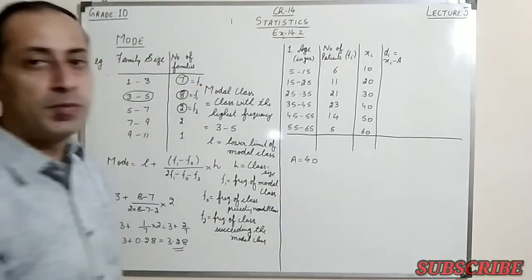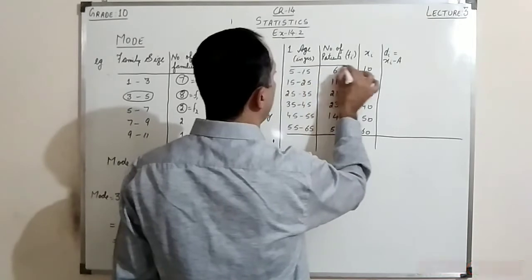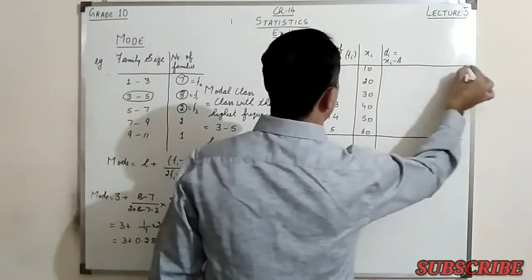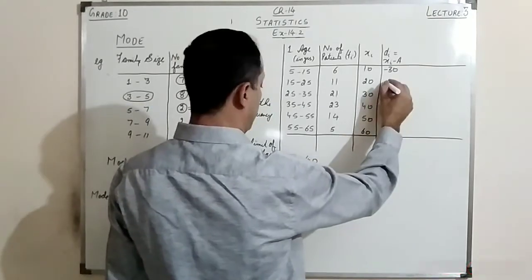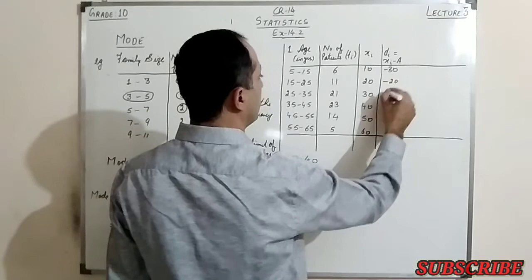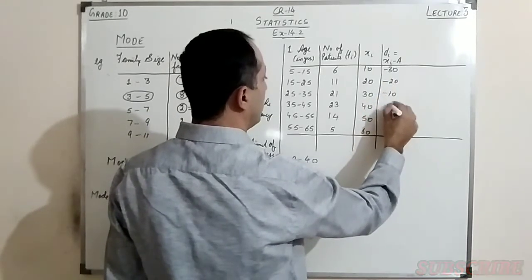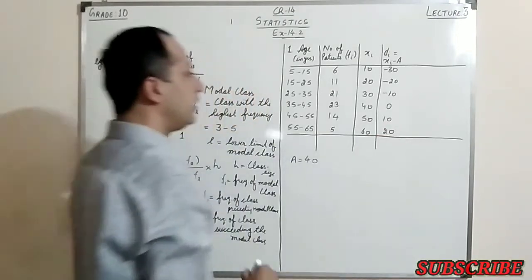Okay, let's assume that our mean is 40. So the first will be minus 30. Then we have minus 20, minus 10, 0. This is 10, and then we have 20.